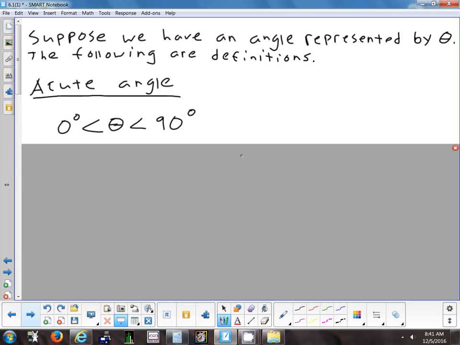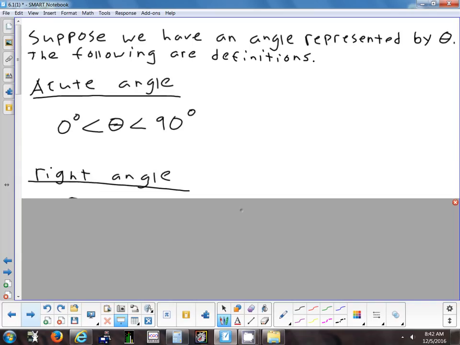Okay, so if I said to you, is negative 10 an acute angle? The answer is no. It is less than 90, but it's not greater than 0. We don't really classify negative angles as acute or, well, the other word you'll learn in a second. Well, two other words. How about a right angle? Molly?